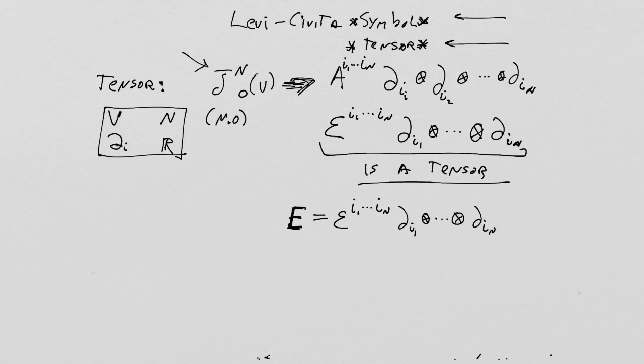In the classical treatment of physics, you would tend to conflate, as I've always said, the components of a tensor with the tensor itself. We're trying to get away from that by saying this is the tensor itself, and these are the components.